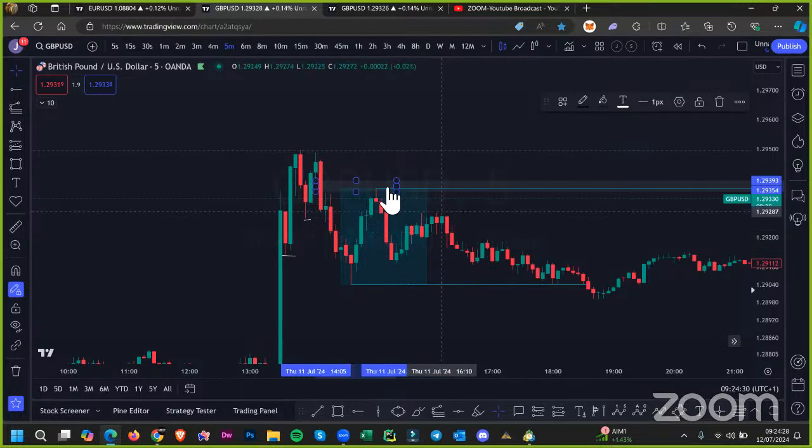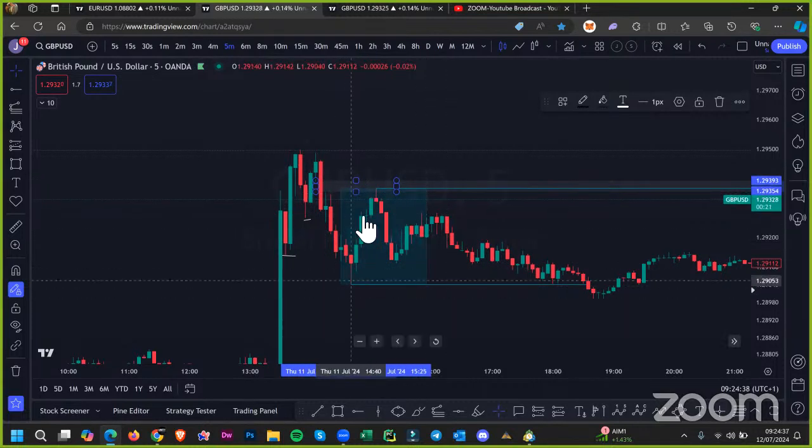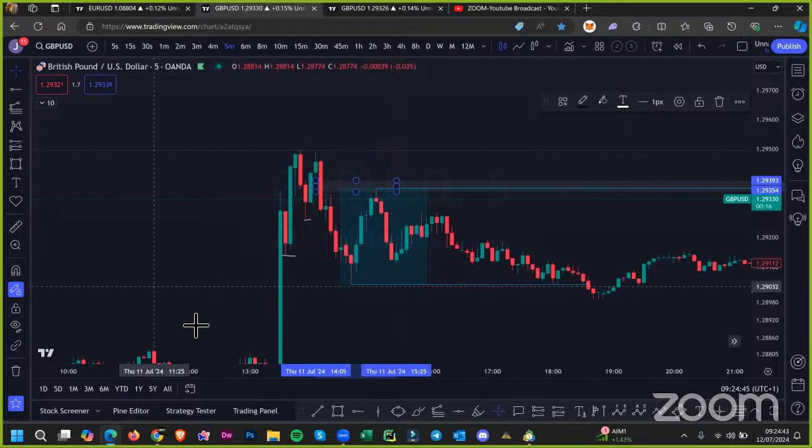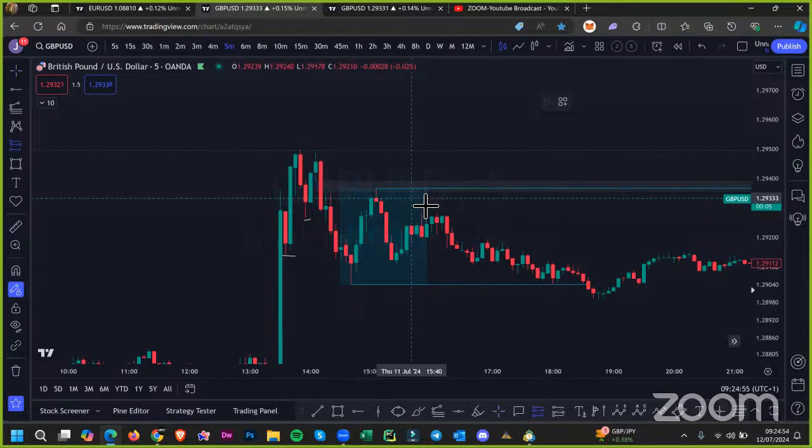And it tapped in here in the New York session, the session where we want to get some action, where higher probability setups are happening. This is when I want you trading, either in this New York session or in the London session, because it's higher probability. So when we saw this market tap into here, it could have been a limit order, or you could have used market execution, just taking into consideration the imbalance.